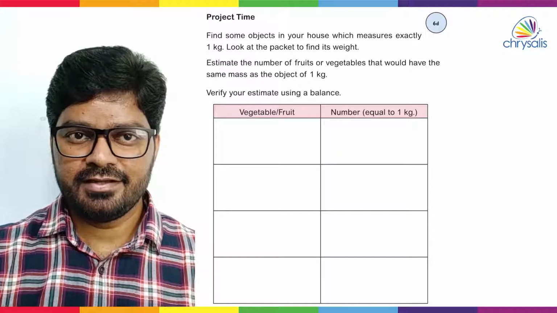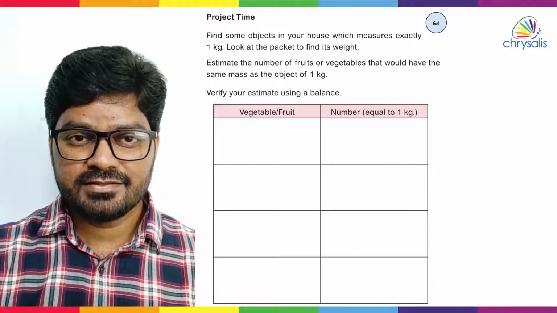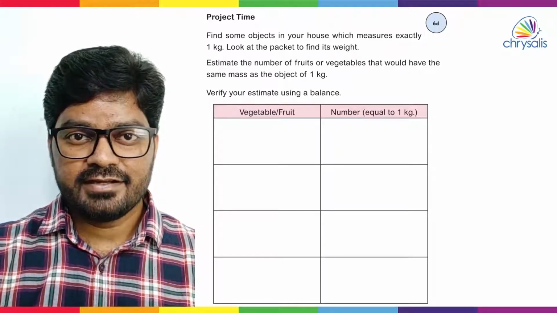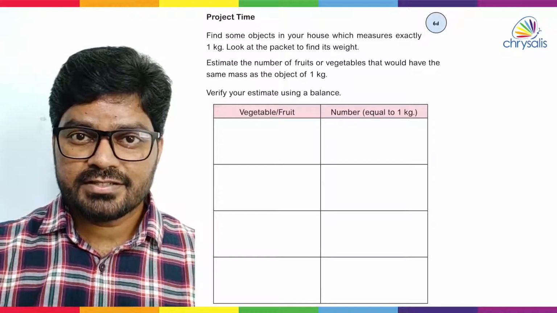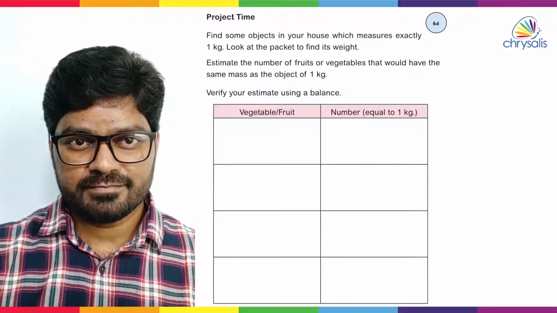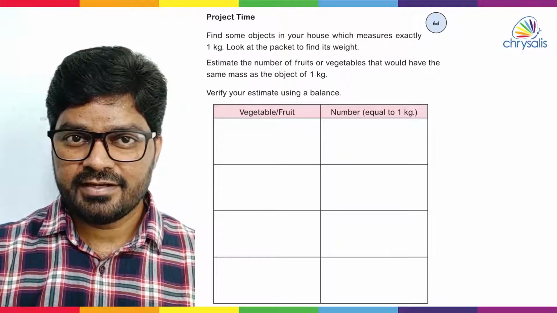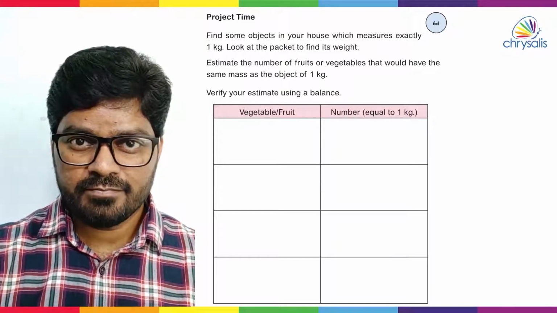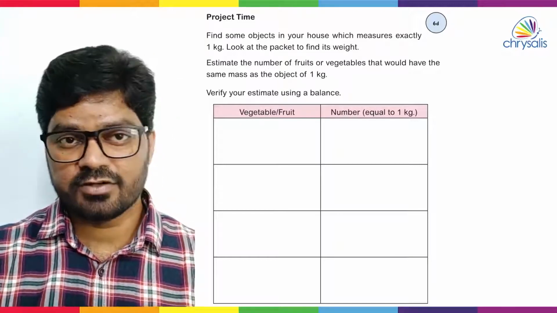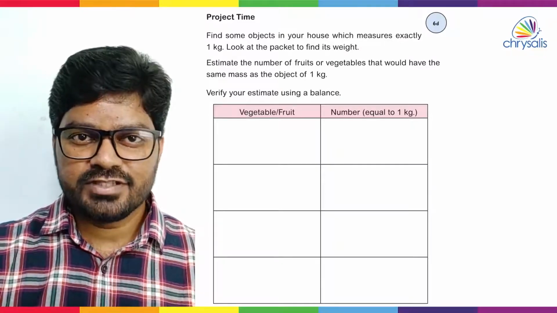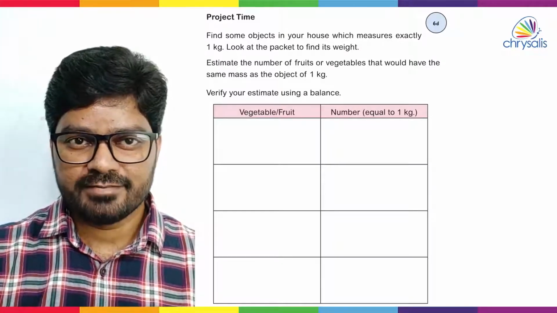For example, if I take apples, I may find that mass of 5 apples is equal to 1 kilogram. So I will write apple in one column and 5 in the next column. You can do this activity as home fun.